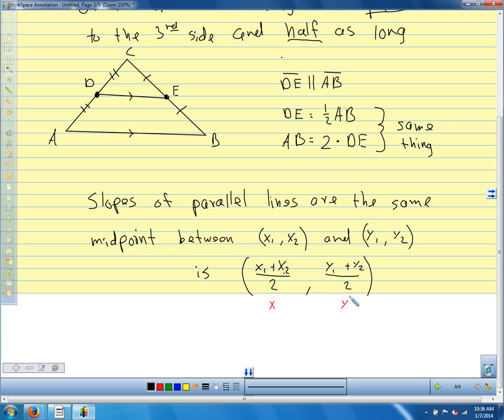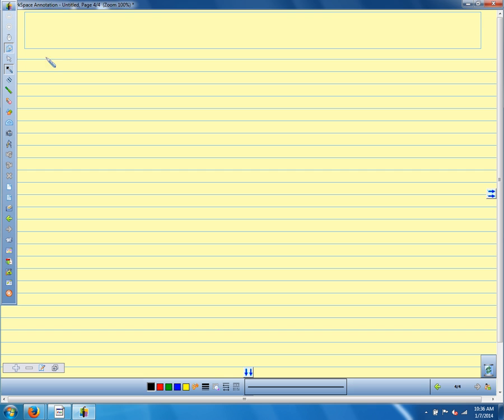All right, so that's our big idea for this section. So all I want to do is go through a couple of examples of how we're going to use this midsegment theorem with triangles. So any questions before we go on? Okay. So let me draw a picture here. We're going to get a triangle inside a triangle.